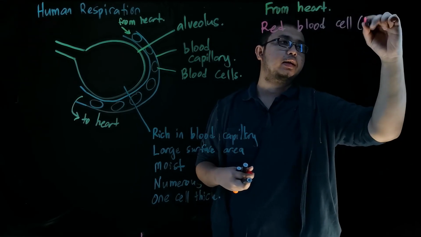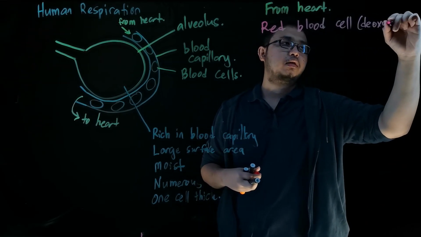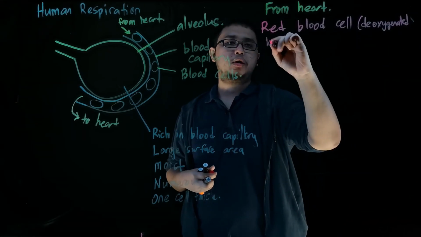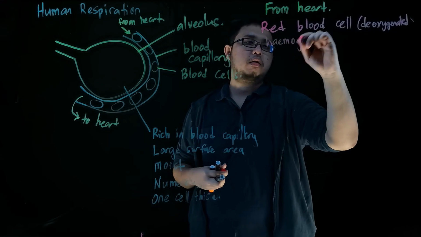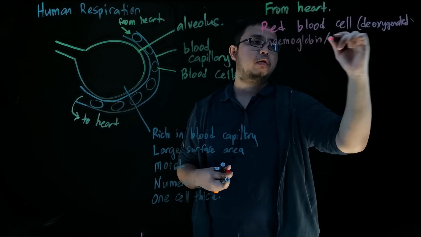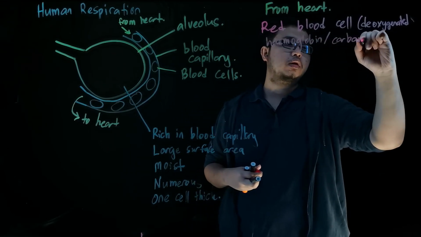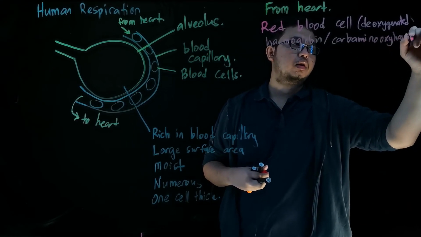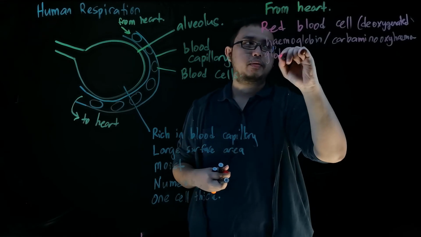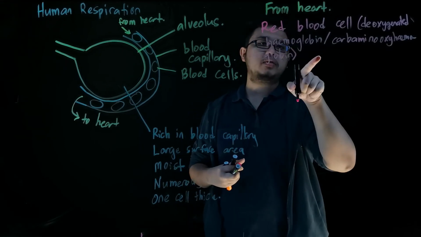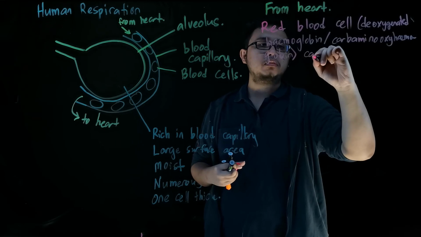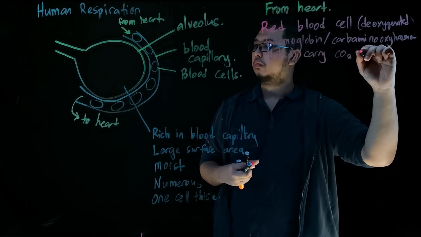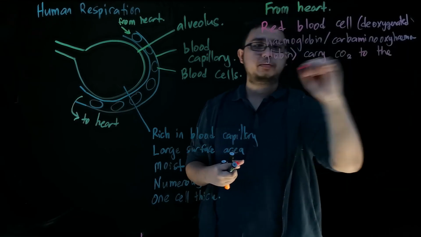They are called the deoxygenated hemoglobin. Or another name for it, you can call it the carbaminohemoglobin. And this red blood cell carries carbon dioxide to the alveolus.